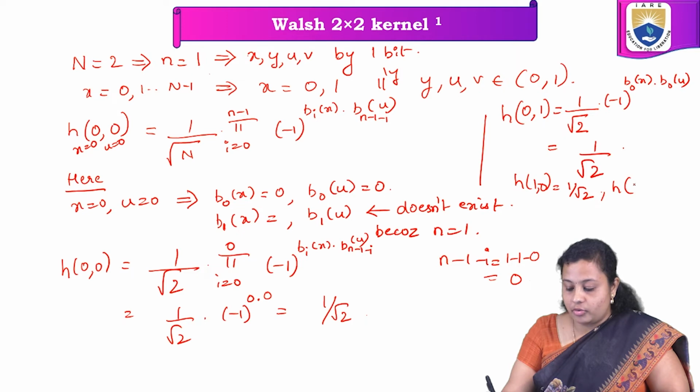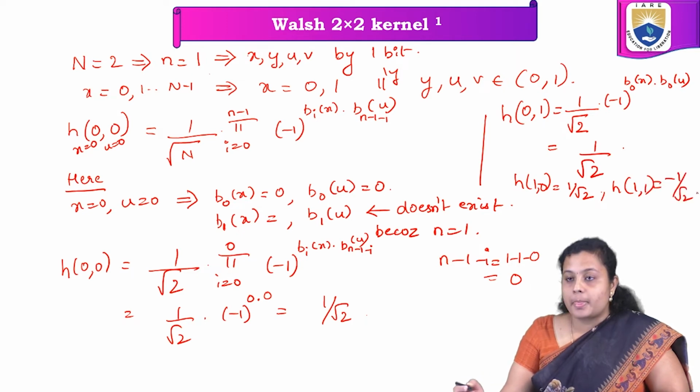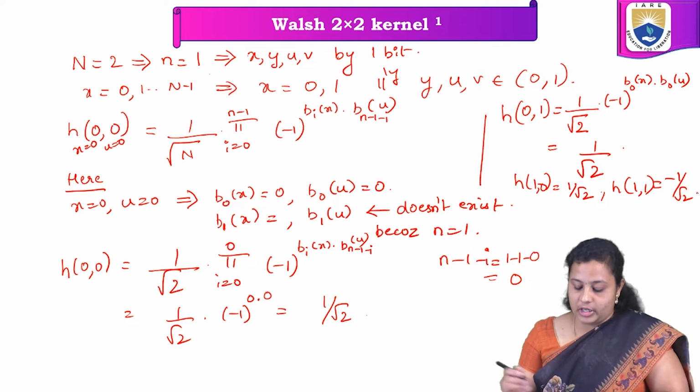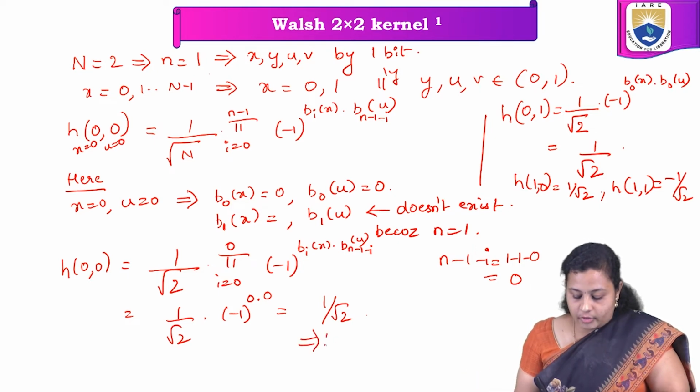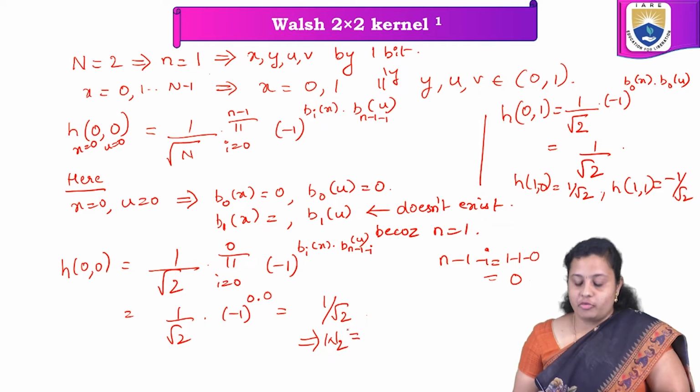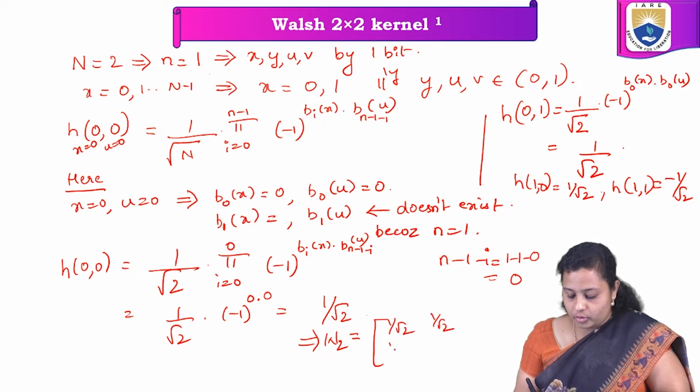Whereas when we go for h of 1, 1, we get the value minus 1 by square root of 2. So our Walsh transform function of order 2 has the values 1 by square root of 2, 1 by square root of 2, 1 by square root of 2, minus 1 by square root of 2.